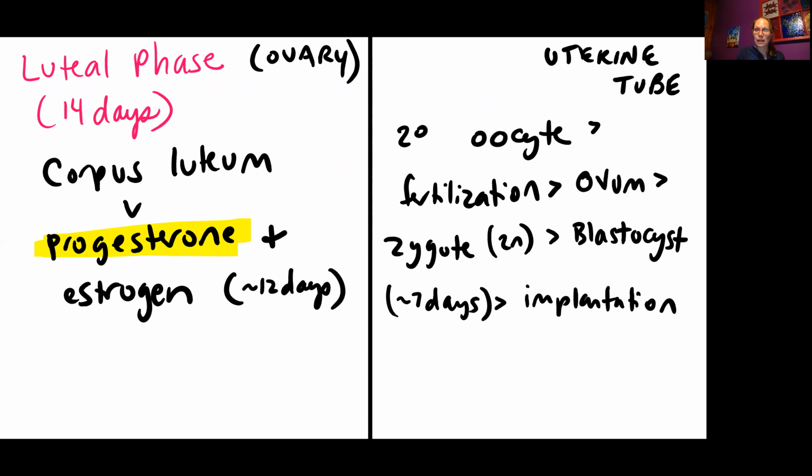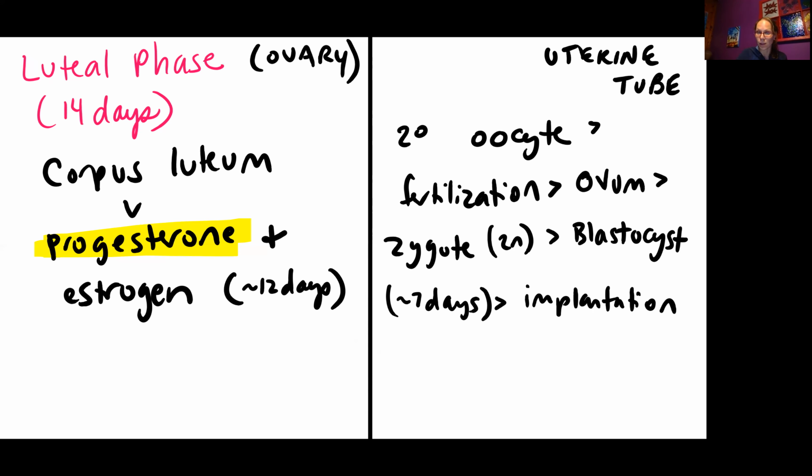Looking back at that secondary oocyte, or we can call it our immature ovum, it was released at ovulation. It was swept into the uterine tube by those fimbriae. If there's a sperm there, then fertilization can occur. Then we see the completion of meiosis II, and now we can call it an ovum. And pretty soon we see the fusion of the nuclei between the sperm and the ovum.